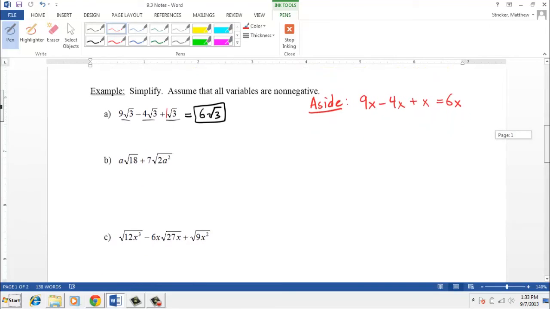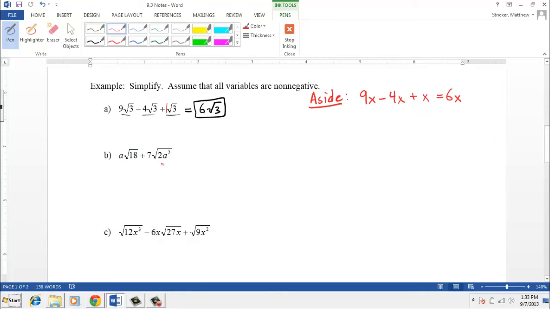So if you look at example B, you'll see there's no like radicals here. There's no like terms that we can combine. However, what can we do? We can simplify, because we know that 18 is 2 times 9, and of course 9 is 3 times 3.